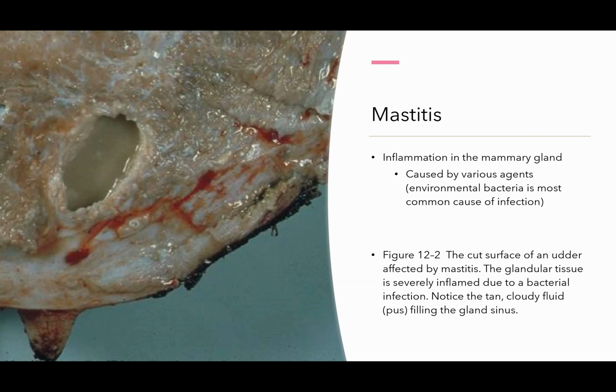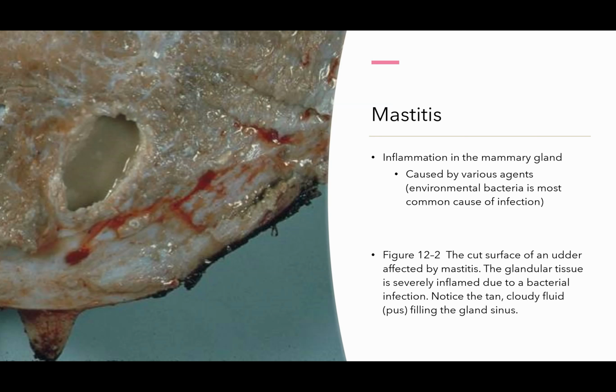There are many things that can cause mastitis, but it's basically an infection. So various agents could be bacteria. Oftentimes it is a bacteria that's common in the environment, but during times of stress or other issues, it can take hold of the animal and be very problematic, cause a big infection.